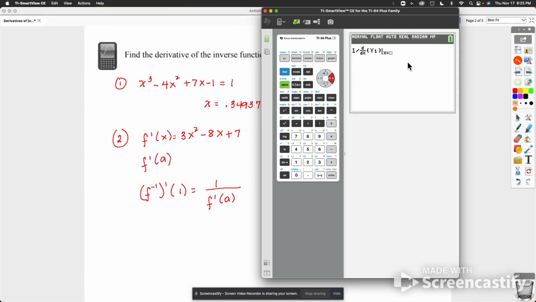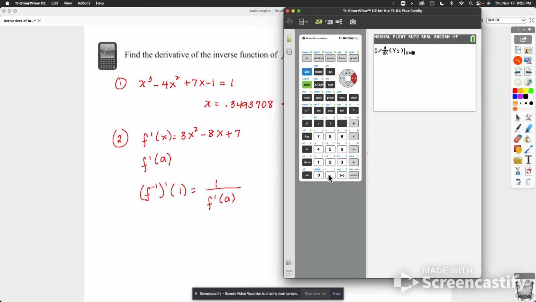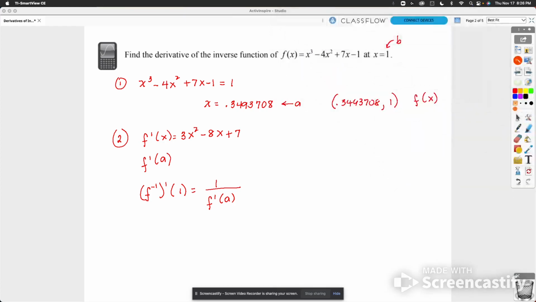And then the given x value is 0.3493708. Now you can truncate. So you can have either 0.218 or 0.219, because you just need 3 decimal places. So this is equal to 0.218 or 0.219.